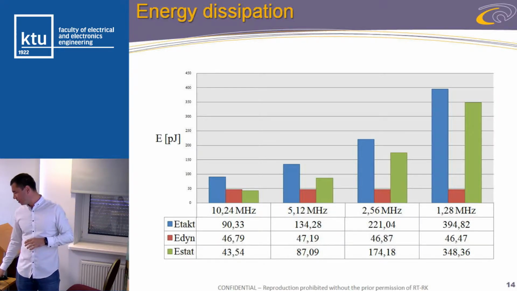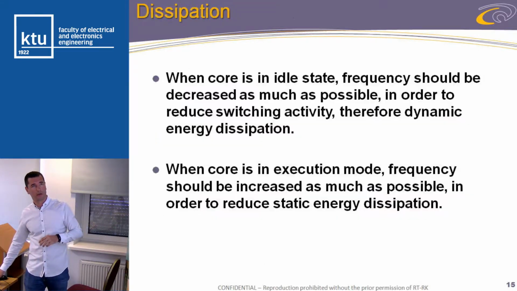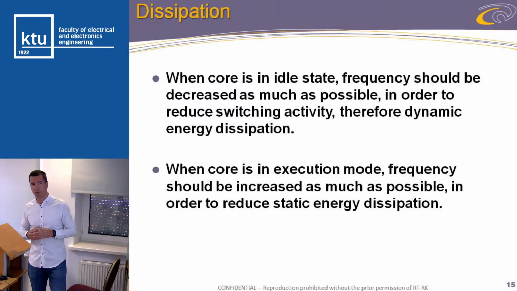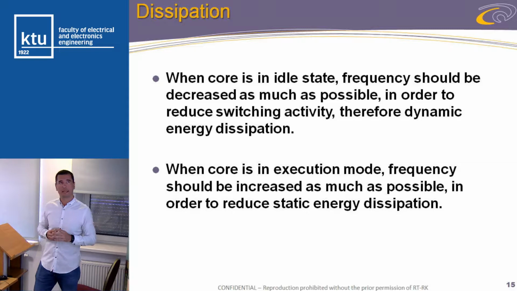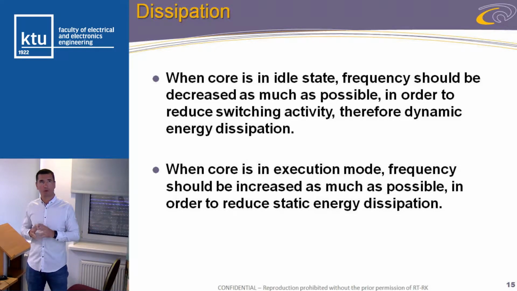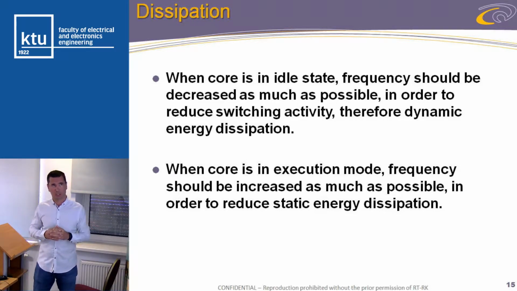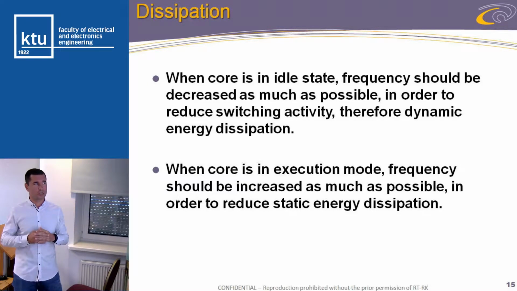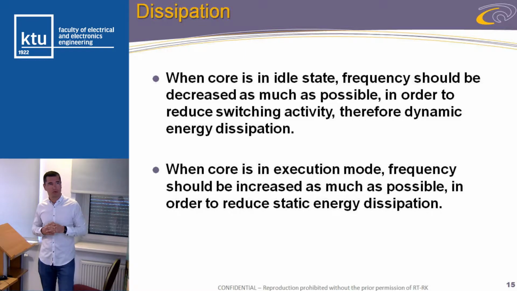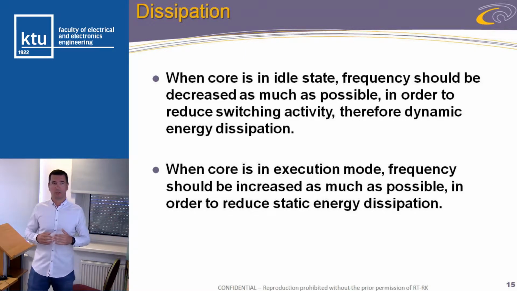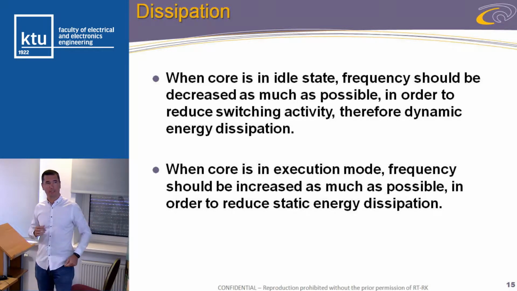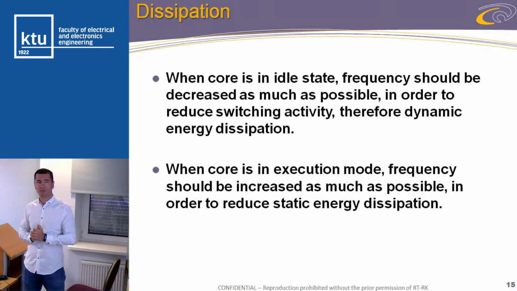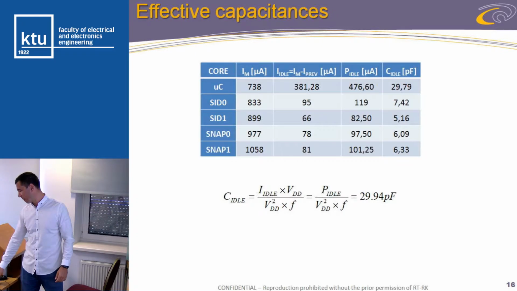Based on those two graphs, we can make two conclusions: when the core is in idle state, the clock frequency should be decreased as much as possible in order to reduce switching activity, and therefore dynamic energy dissipation. On the other hand, when the core is in execution mode, executing instructions, the frequency should be increased as much as possible in order to reduce static energy dissipation.